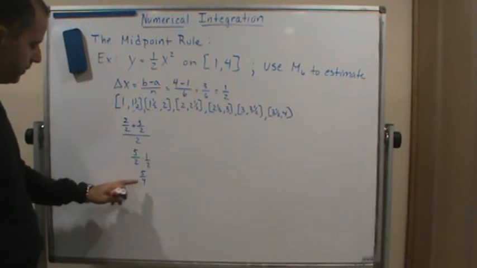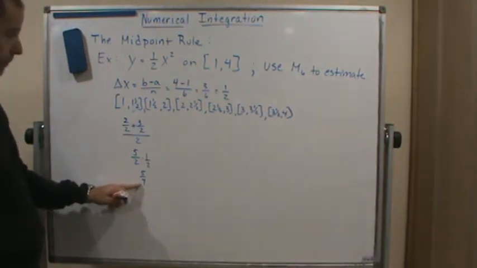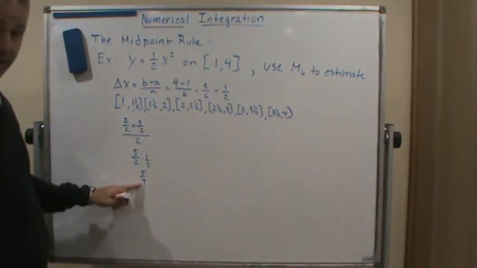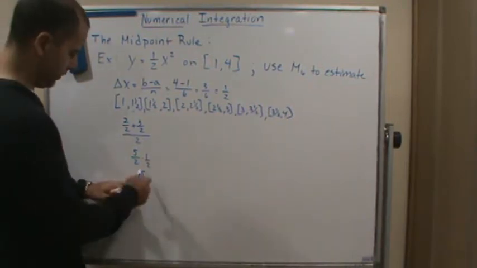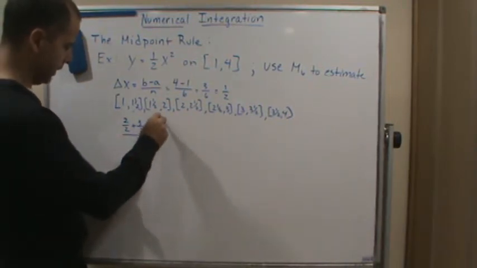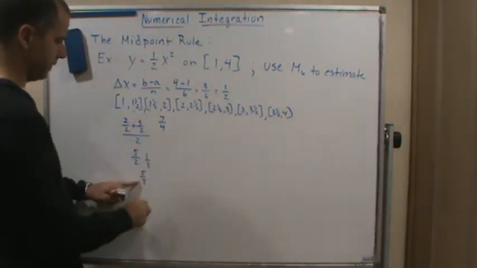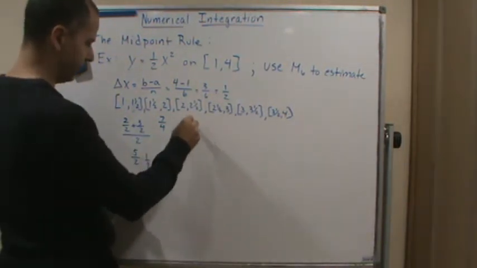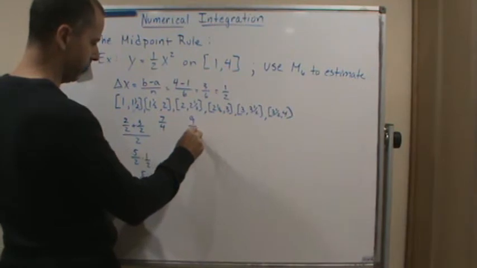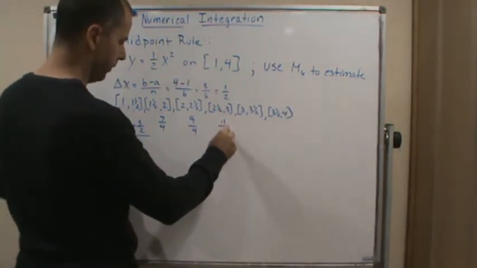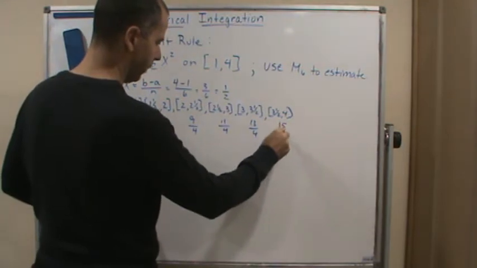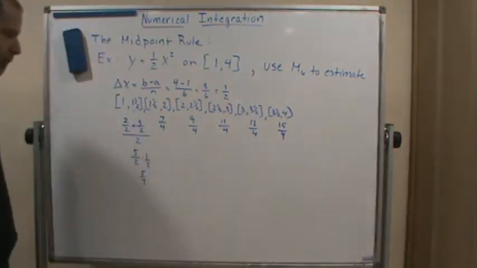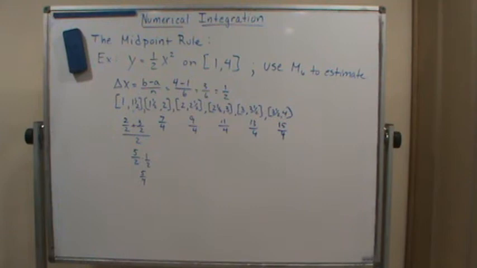So 5/4 is my first one, and now I add 1/2, or 2/4, to 5/4 to get 7/4. Then I add 2/4 again to get 9/4, 11/4, 13/4, 15/4, and I'm done. So those are my midpoints.